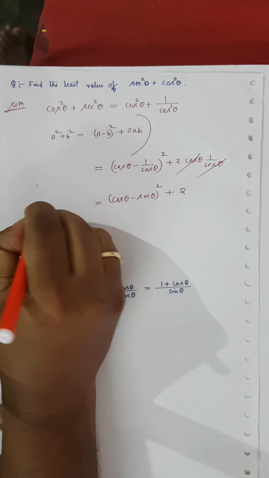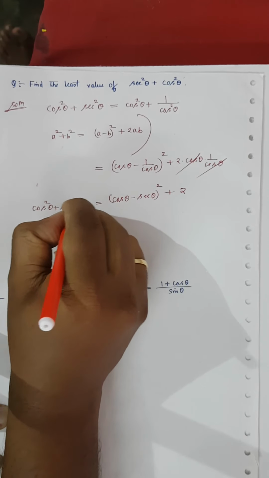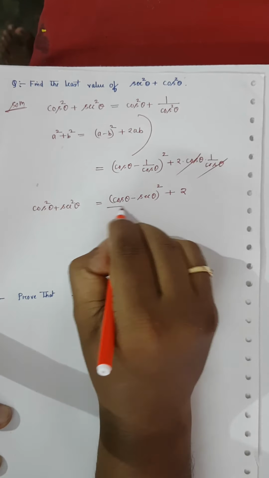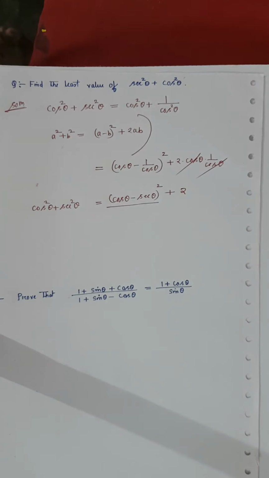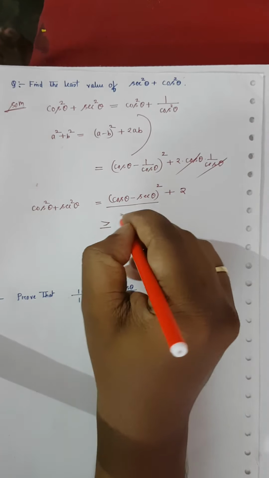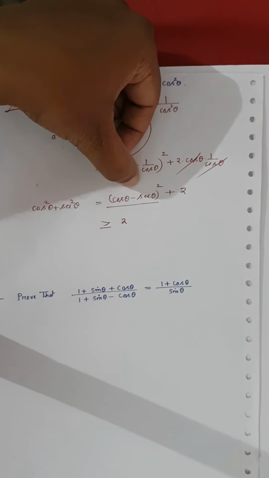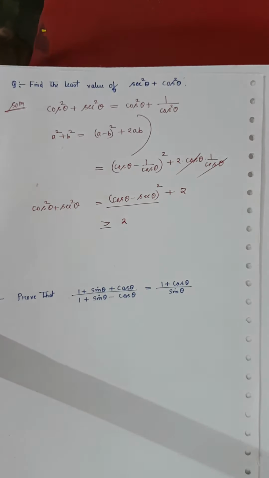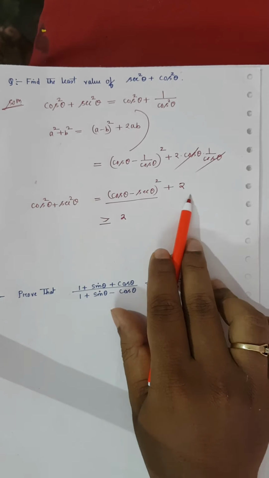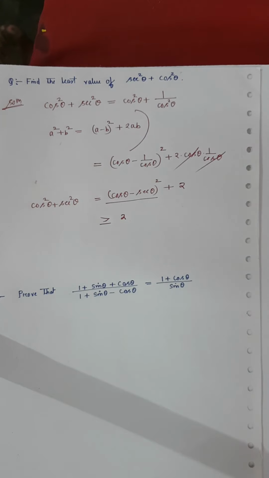So I can say that cos square theta plus sec square theta is equal to (cos theta minus sec theta) whole square plus 2. So we know the square of a real number is always non-negative. So the value of this will always be at least 2. When the value of cos theta minus sec theta is equal to 0, then it is 0 plus 2. And when the value is non-zero, it will always exceed 2.